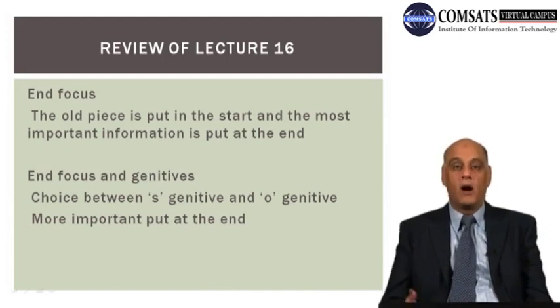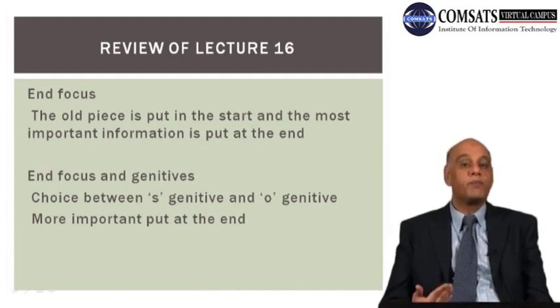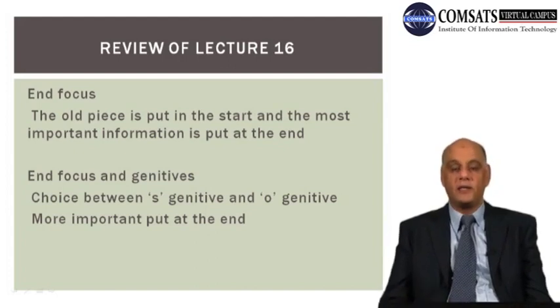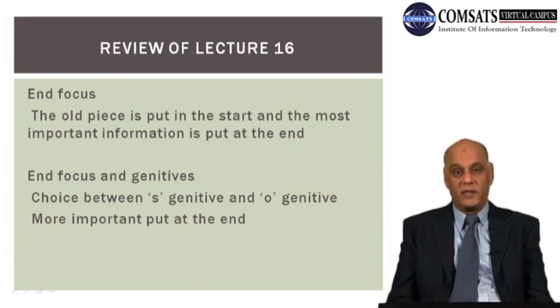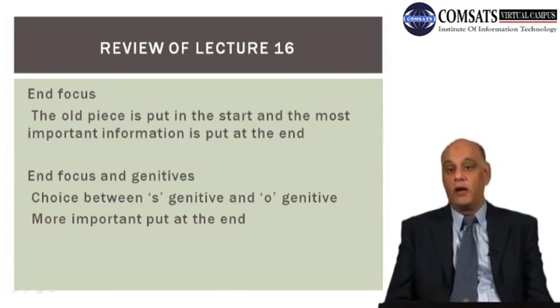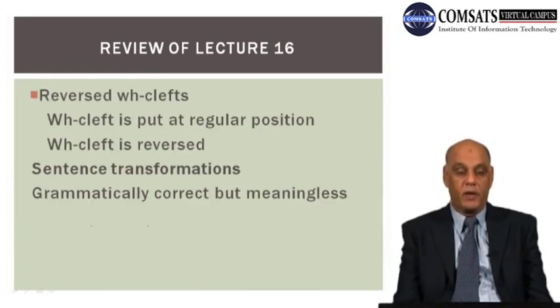So legs of the table and Ahmed's friends, where friends are important, so you put friends at the end. So you're using S and of related to the importance of the agent. You look at what the important information is and generally you put it at the end, and that is how you make the choice between S and O genitive.